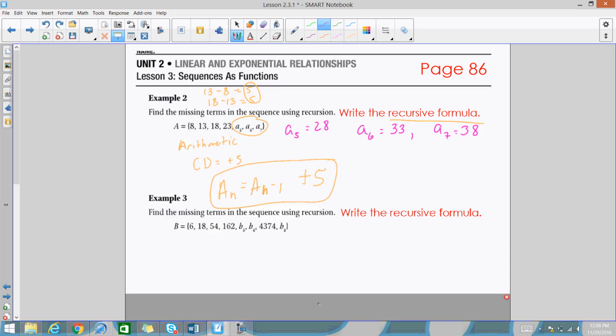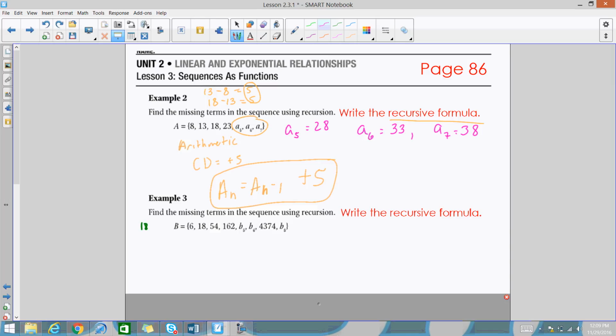Now, I want you to try 3. Pause it, try it, and then see my stuff. Hopefully you figured out that it's geometric. You did that by adding first and realizing that they don't add to the same numbers.